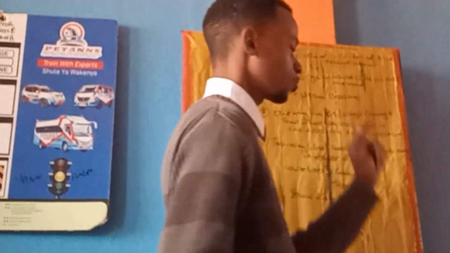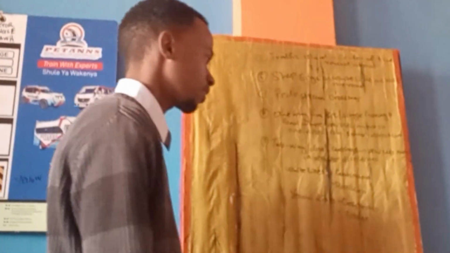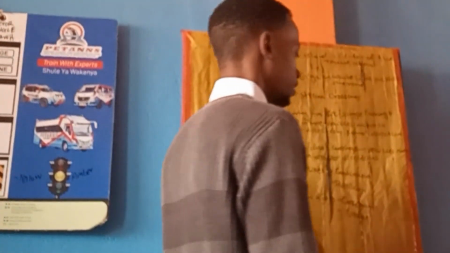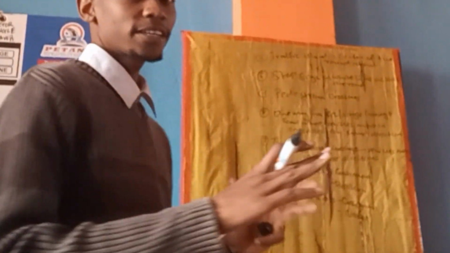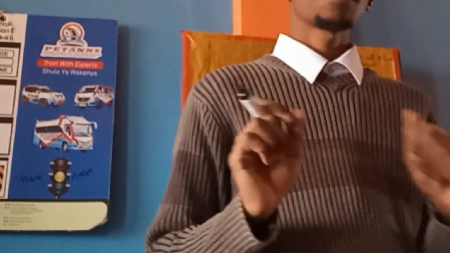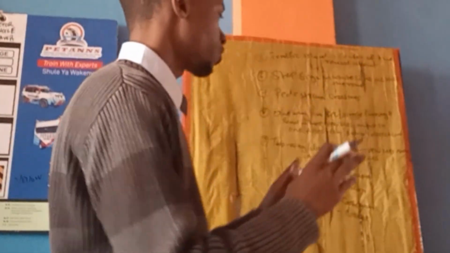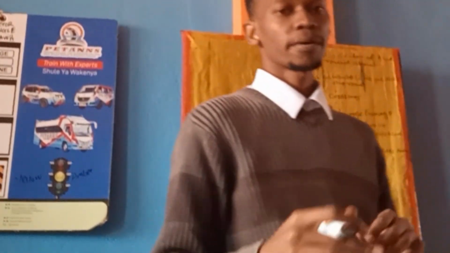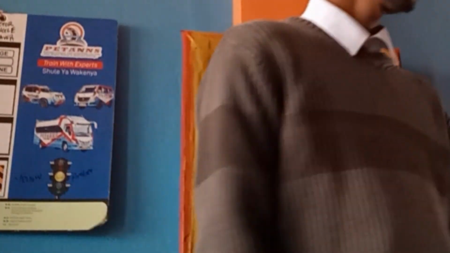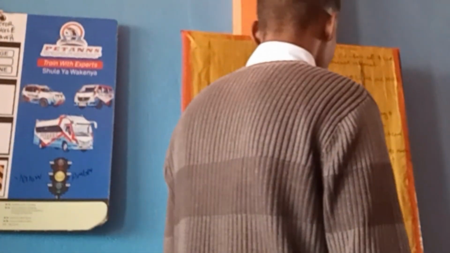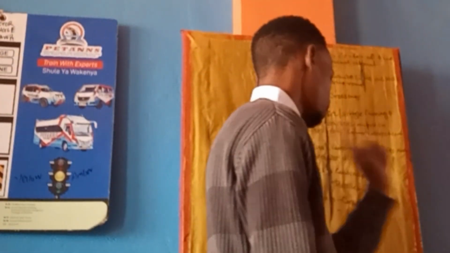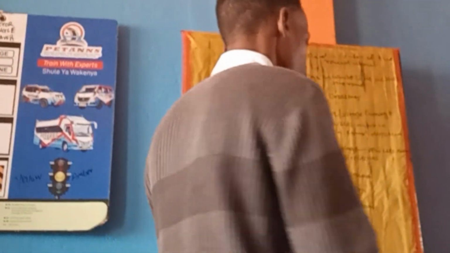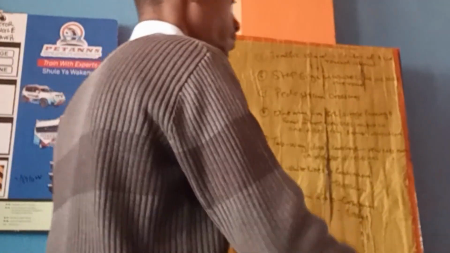One way, you know that unafaa kwenda same direction when the lanes are separated by white lines, and you know that you're supposed to go in opposite directions when the lanes are separated by a yellow line. So again, you find continuous white lines and also broken white lines.